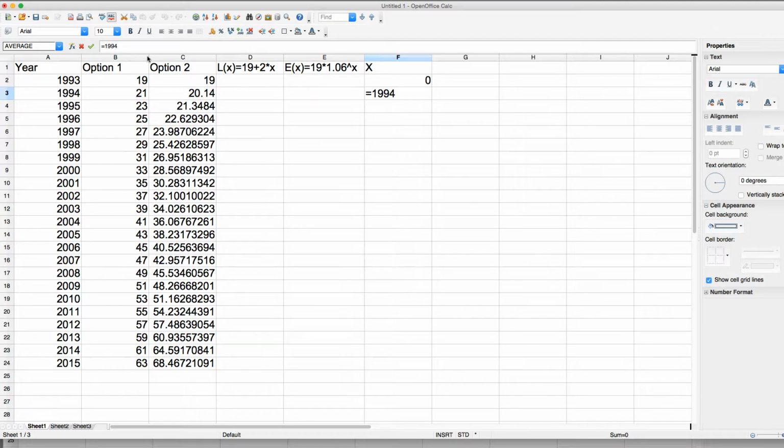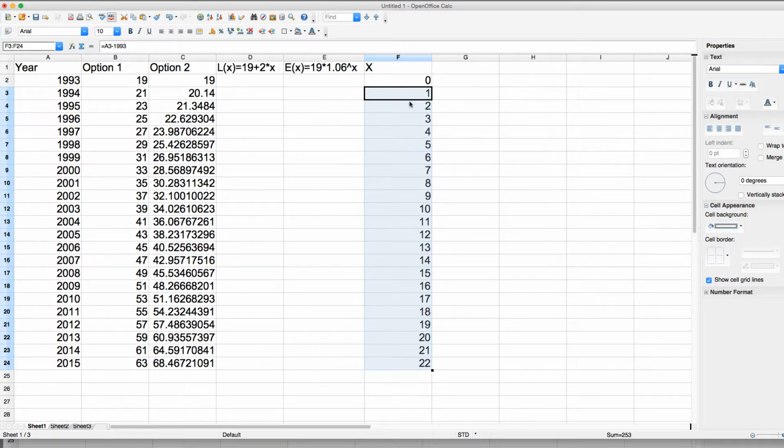I don't want to have to put in a new value each time. So I'm going to take the cell and subtract 1993 from it, because that'll give me the x for each one of these. And it gives me 1, so this next one should be 2, right? Okay. There we go. Now I've got some x values created, and I can use those in these expressions.